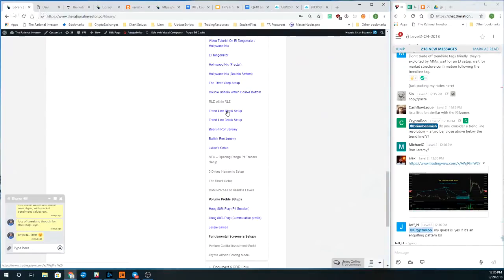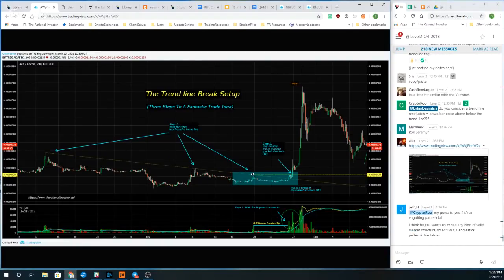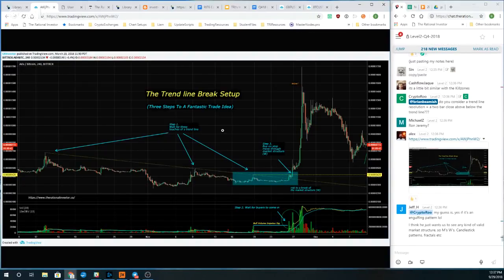I guess we didn't call it the LJ specifically. Here's a really good example. Look at that. Can everybody see? If you took a trend line tag here, well, I mean, hell, if you went short here, okay, fine. But wait for the trend line to be broken, then take the structure signal following the breakout. Really, really good example.